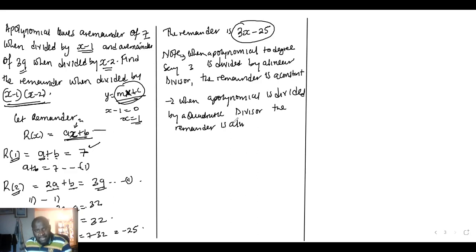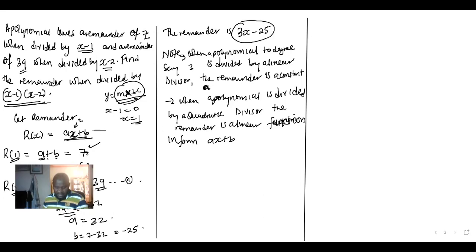It is a linear function, in the form of ax plus b. Here it can be any constant. It can be just a constant a. Okay, so that is another condition you have to always have in mind.